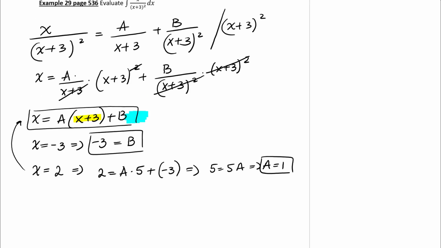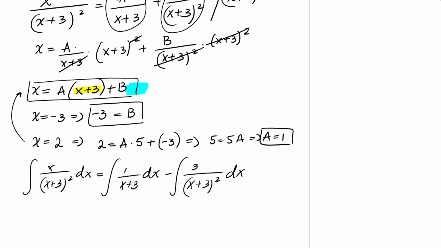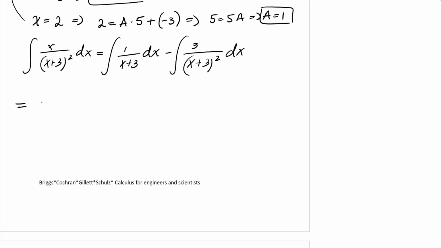Which means our integral of x over (x plus 3) squared dx can be written as A over x plus 3, which means the integral of 1 over x plus 3 dx, and then B over that, so minus the integral of 3 over (x plus 3) squared dx. So let's solve this. The first integral is obviously ln of absolute value of x plus 3, right away.